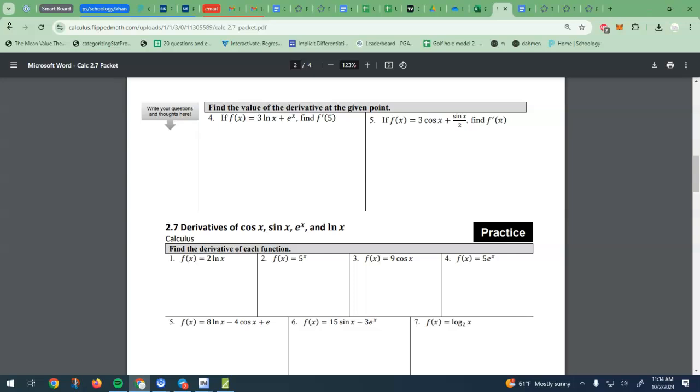And the 3 drops, so cosine becomes sine, negative sine, and the 3 is still there.